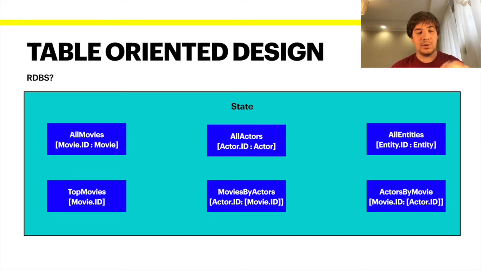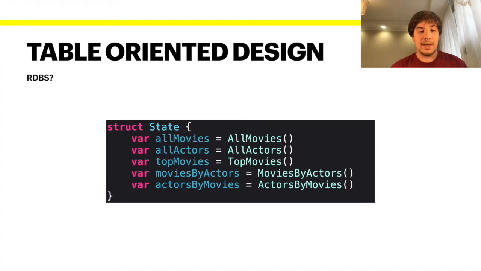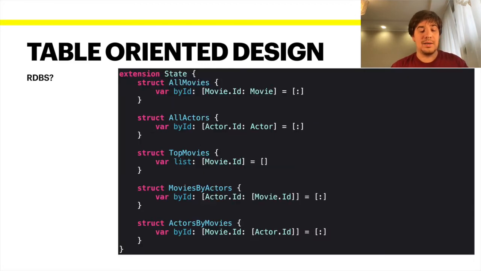So I can have a lot of these components or tables, and in code, I will store them just as multiple structures inside one big structure, the state. While following the table-oriented design, we will model each of these components as a table. It will be either a map from the ID to the entity, or a list of IDs, or something else.